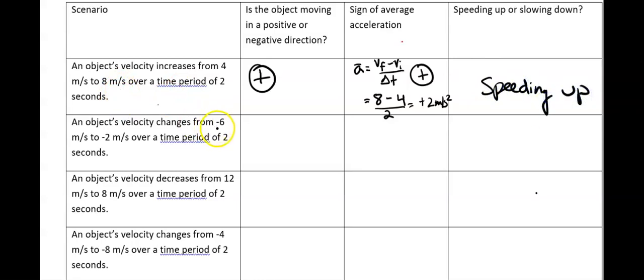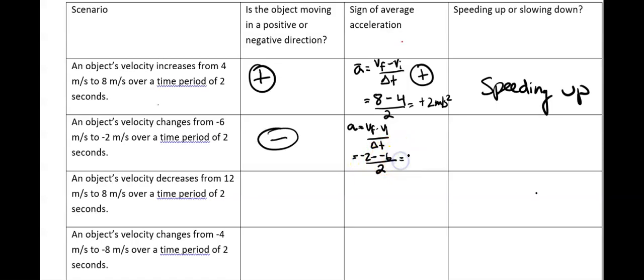This next one: an object's velocity changes from negative 6 to negative 2. The velocity is negative, so it's moving in a negative direction. Let's calculate average acceleration: Vf minus Vi over delta t. Vf is negative 2, Vi is negative 6, over 2.